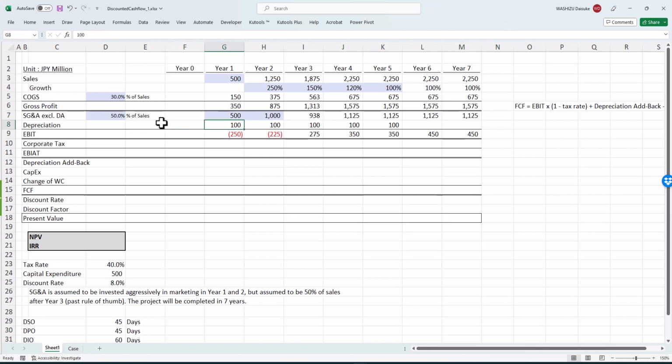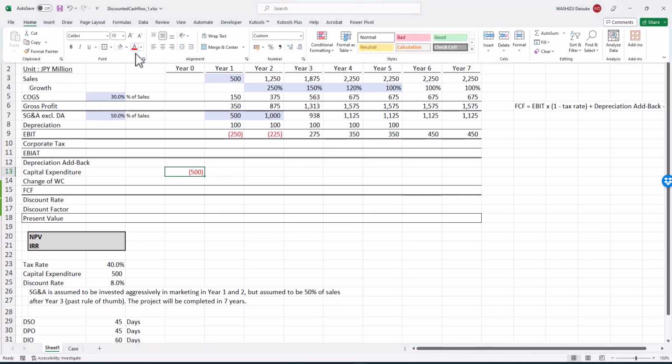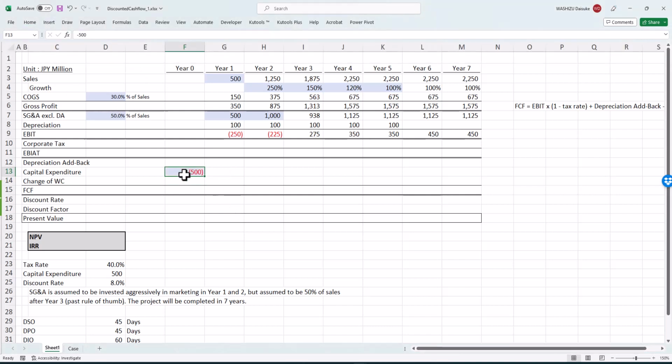Okay. And the depreciation amount should be linked with the capex. So we will have a capital expenditure of 500 million, right? Once we make a decision, this capital expenditure will be decided. So 500, and this is depreciated over 5 years.